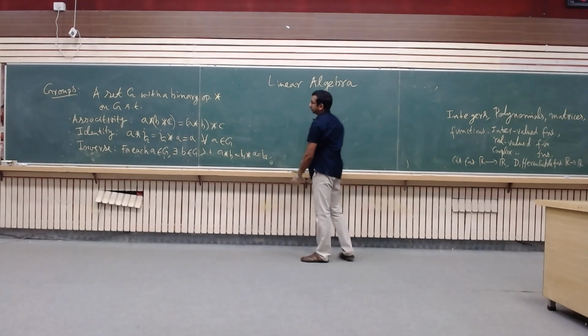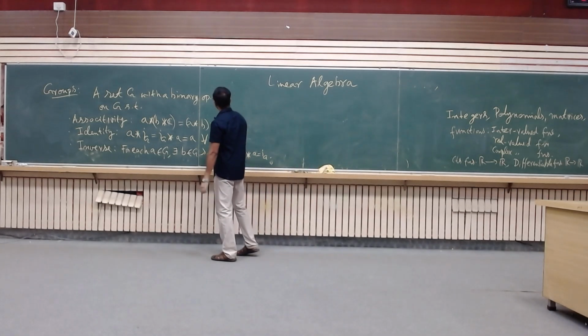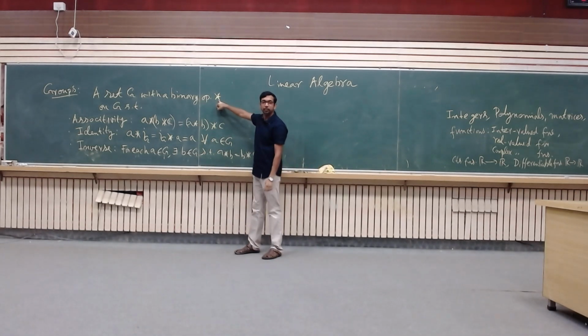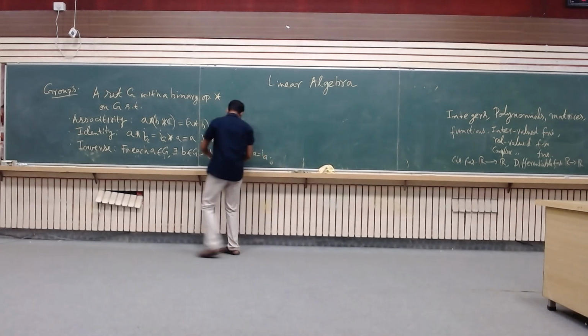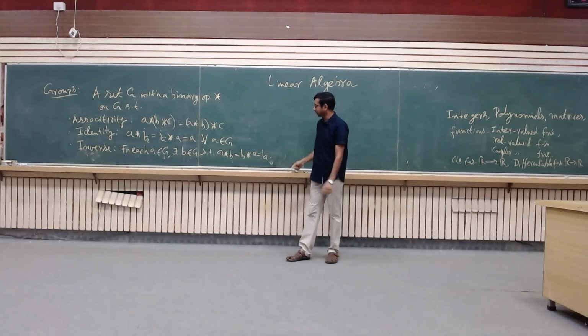Oh, by the way, in the previous class we saw abelian groups as well. So abelian groups just means that this one is commutative. That means you don't have to write a star b and b star a separately. It's fine if you just write a star b equal to b star a.